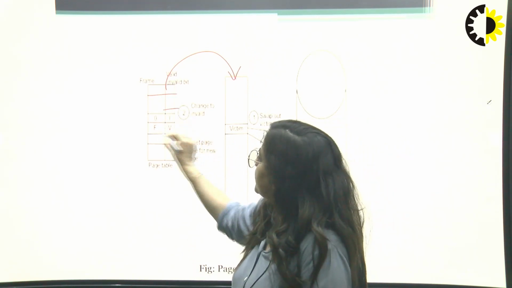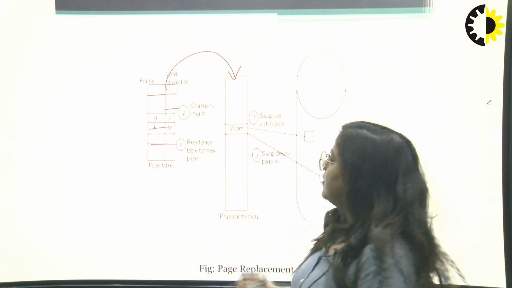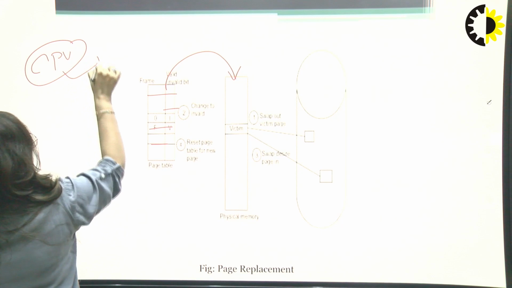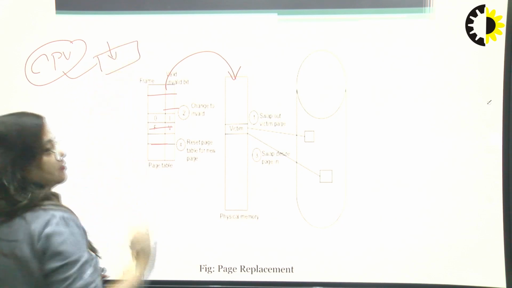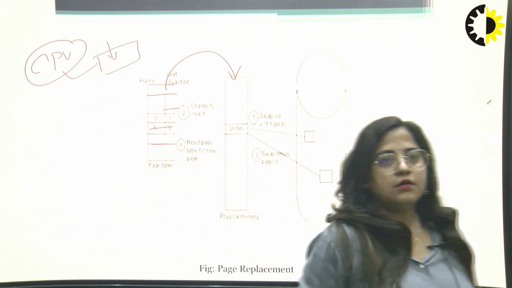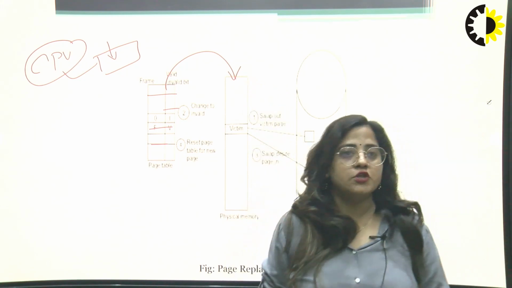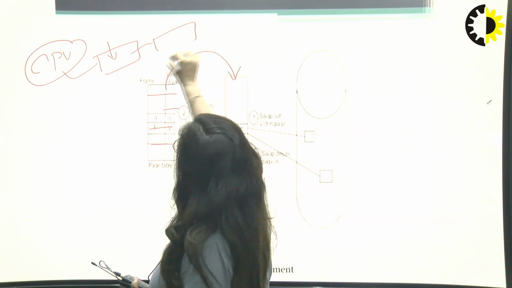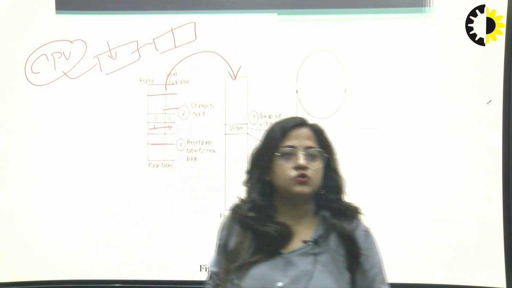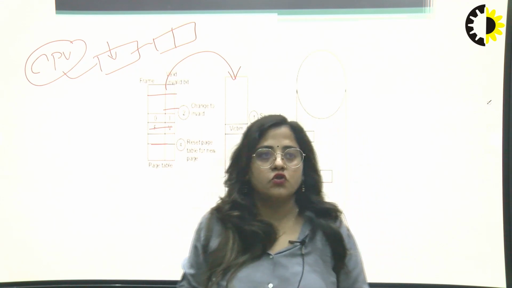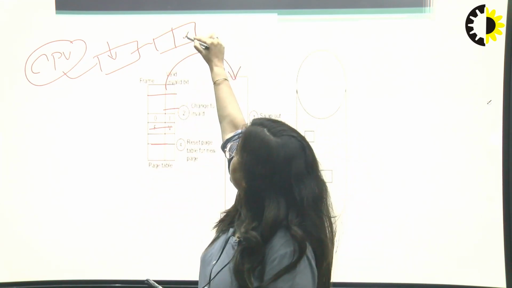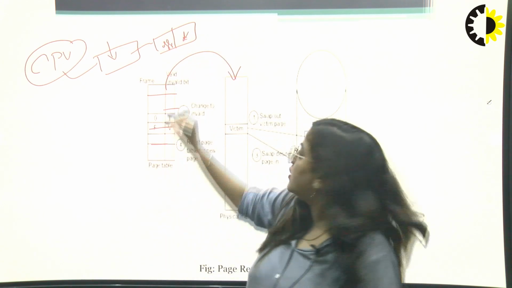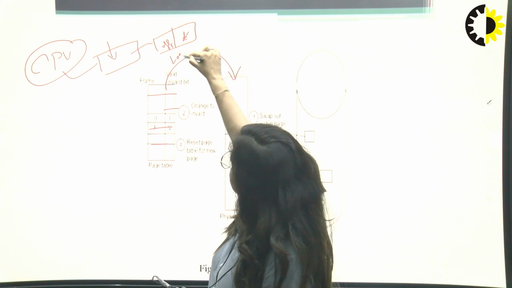The CPU demands a page number, and this page number is converted into a logical address, and this logical address is also divided into two parts: the frame number and the offset.